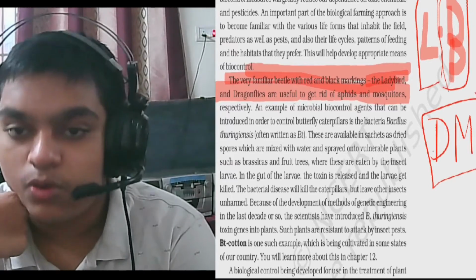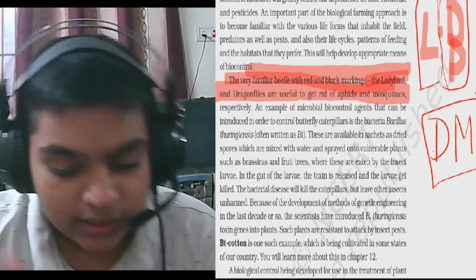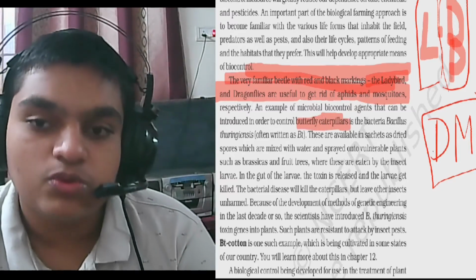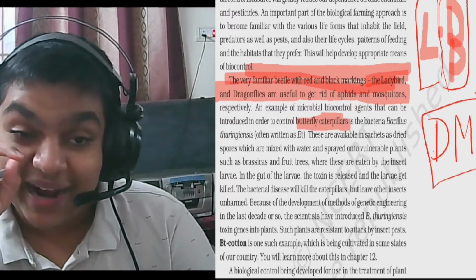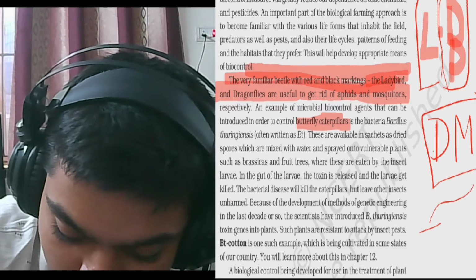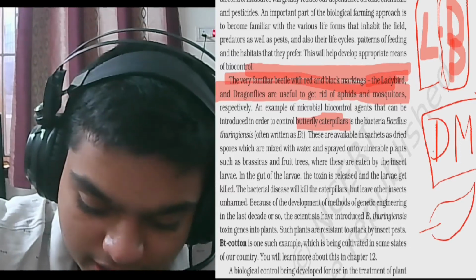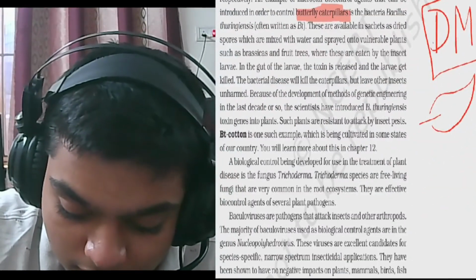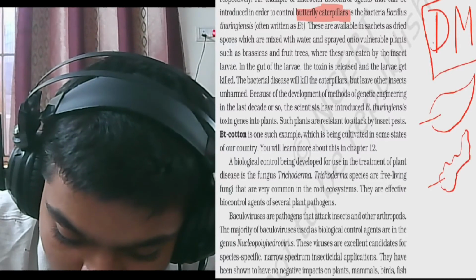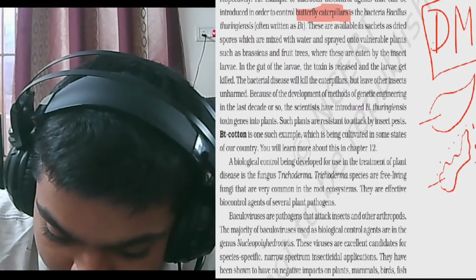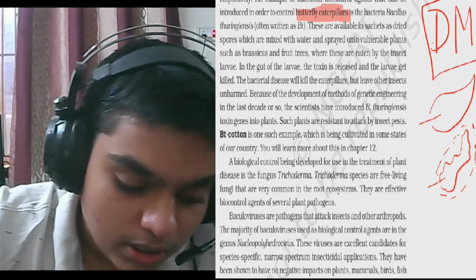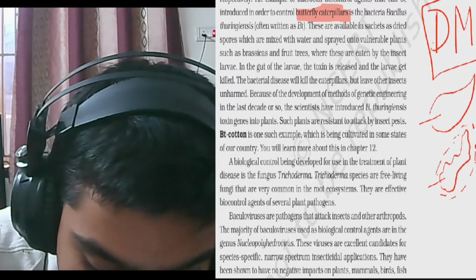Now another major problem is butterfly caterpillars. They feed upon the plant leaves. They eat up the leaves. A healthy leaf is like this, but the leaf which is eaten by the butterfly caterpillars is somewhat like this. Originally its shape is like this, but it is being eaten up. To control this, we use Bacillus thuringiensis.